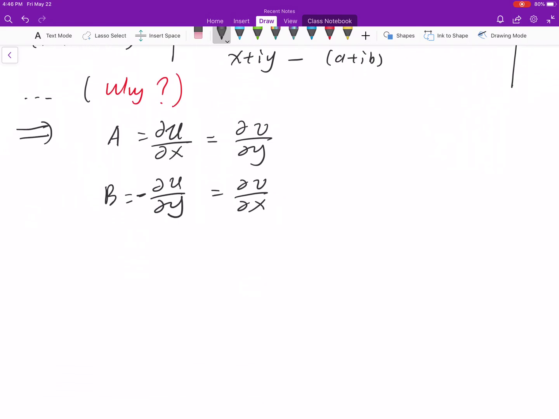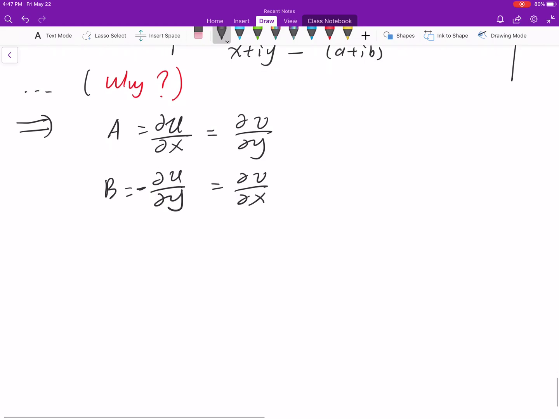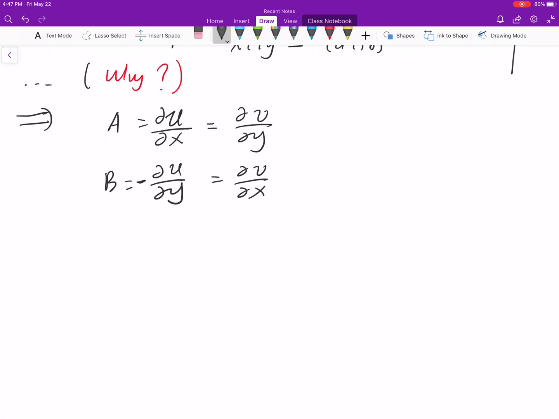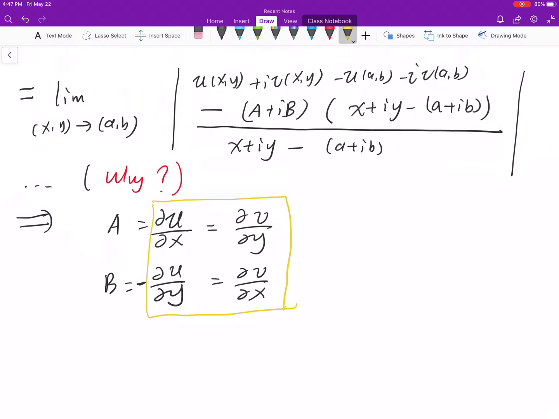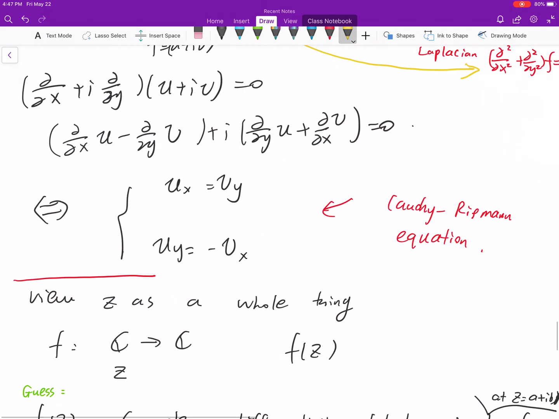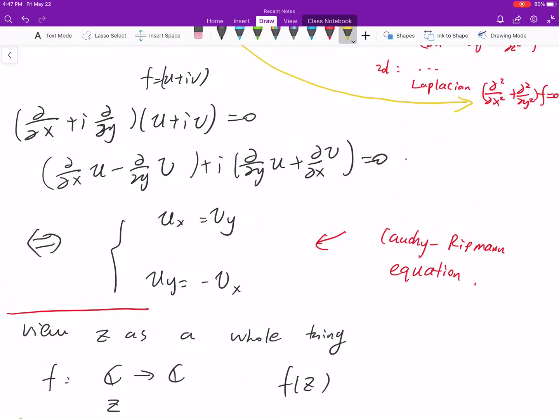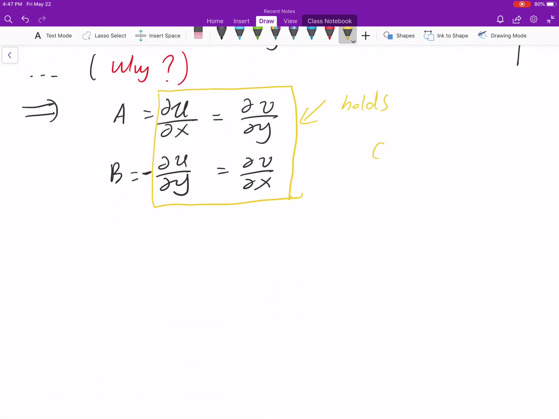Okay, in particular, what do you have? So for such an L to exist, you need to have these properties hold. And what is this? If you look back to this one, it's just the Cauchy-Riemann equation.